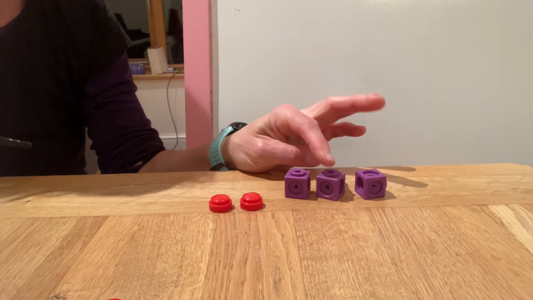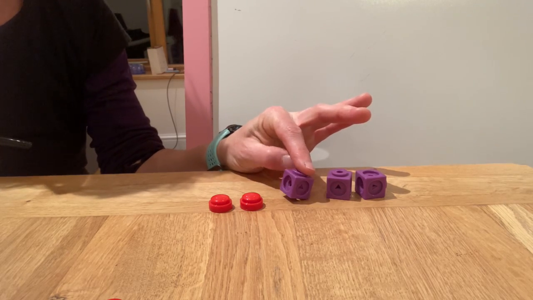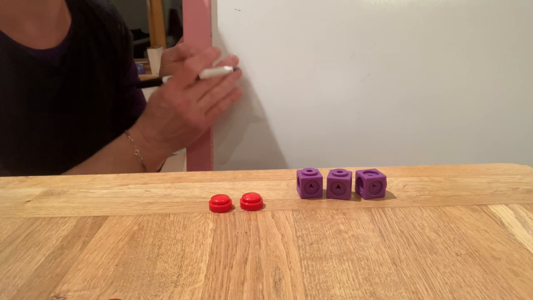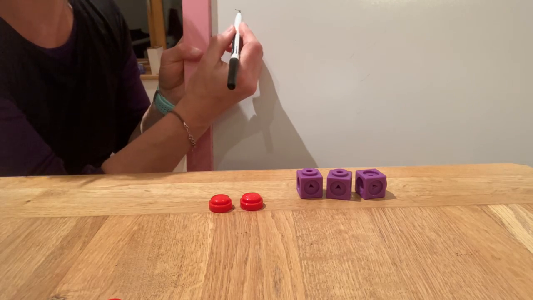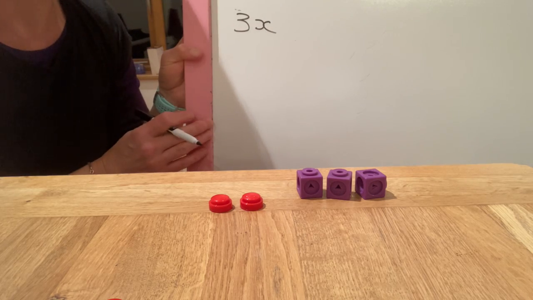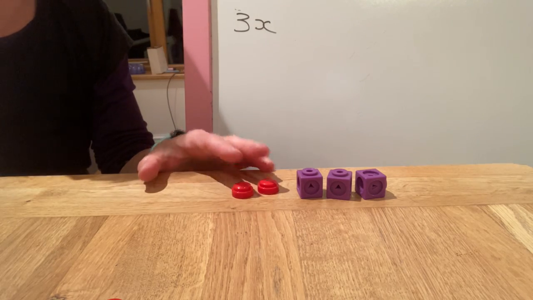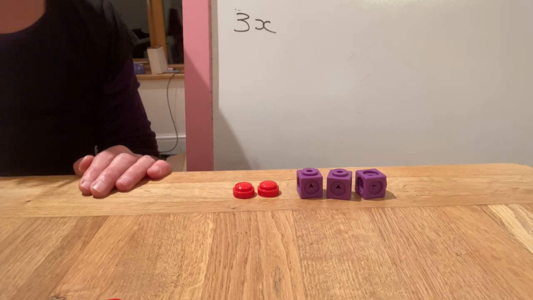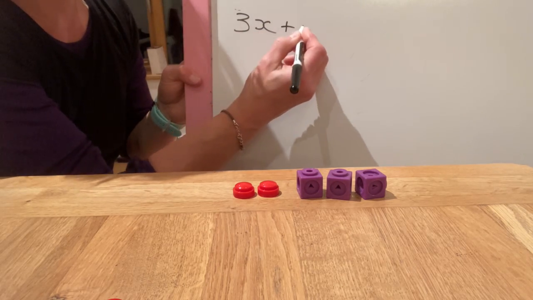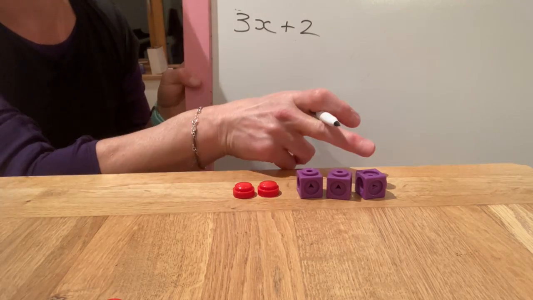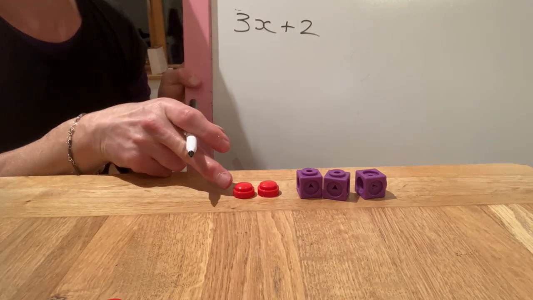So we've got X, X and X. Remembering that we don't need to use that multiplication symbol because in algebra that's the default. So we could say those 3 are 3X. And then we've got just 2 of these counters, remembering that these counters just represent 1 each. So we've got 2 of those. So what you can see on the table here is 3x, x, x and x added to the 2.